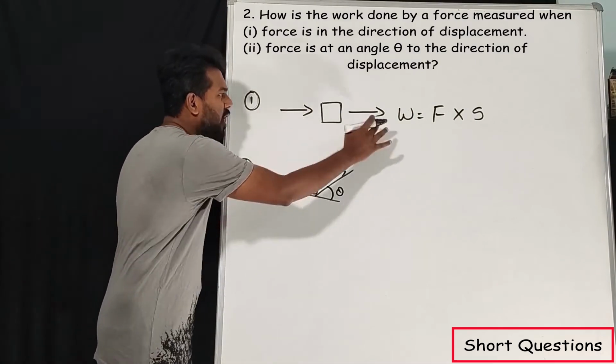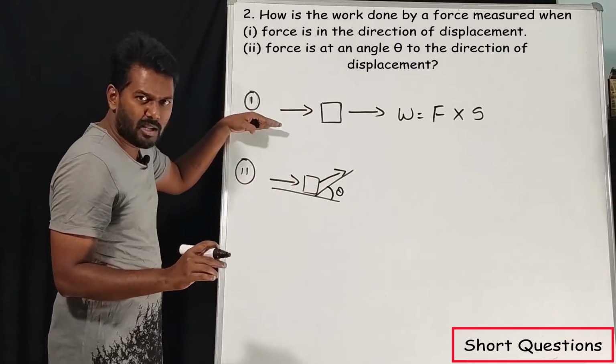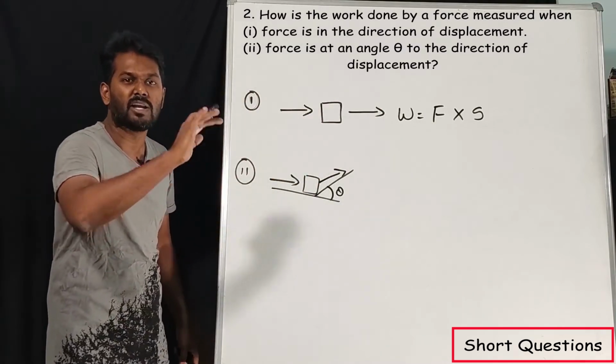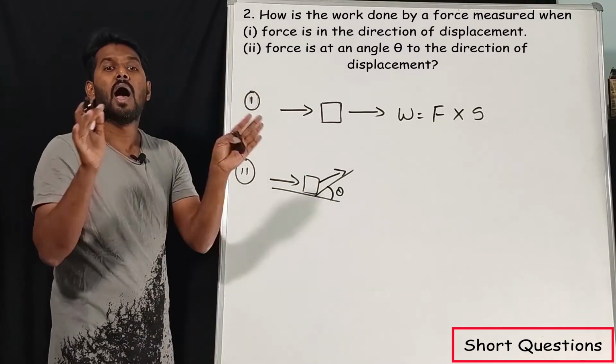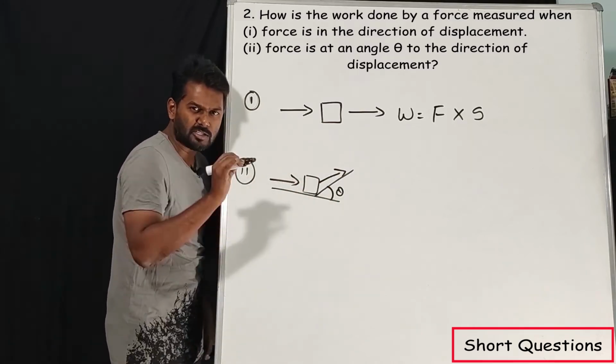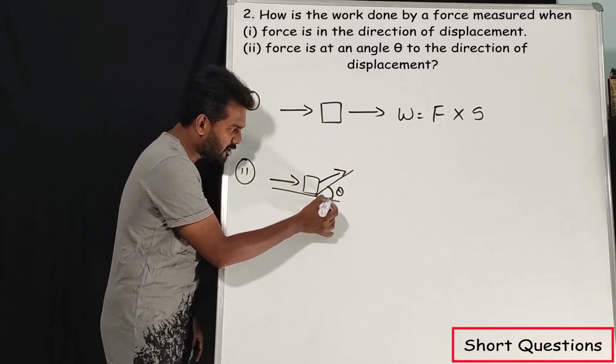Now here there is no angle, correct? Because the force applied and the displacement are both in the same direction, there will be no theta. If the directions are different, even a small change in direction, then there will be a theta.